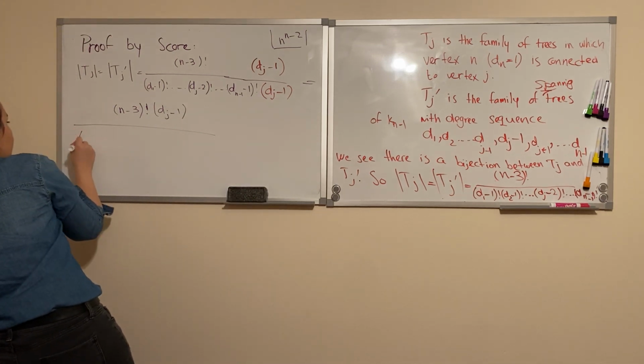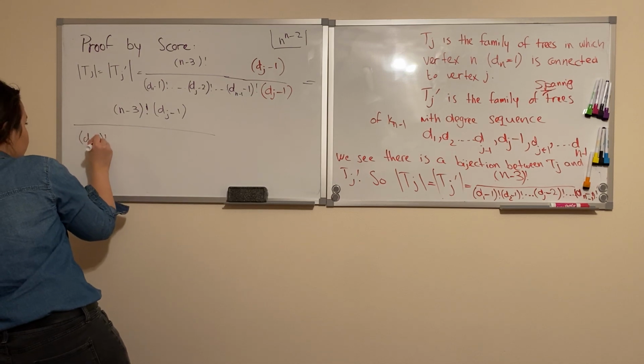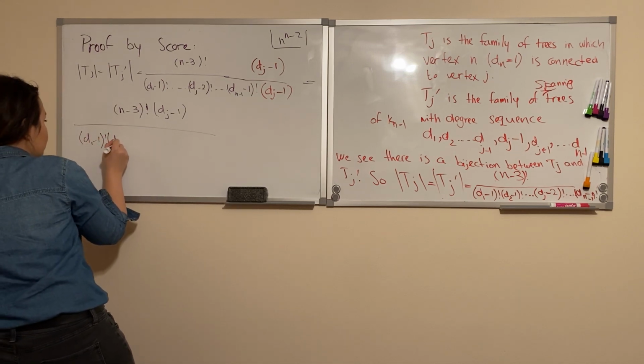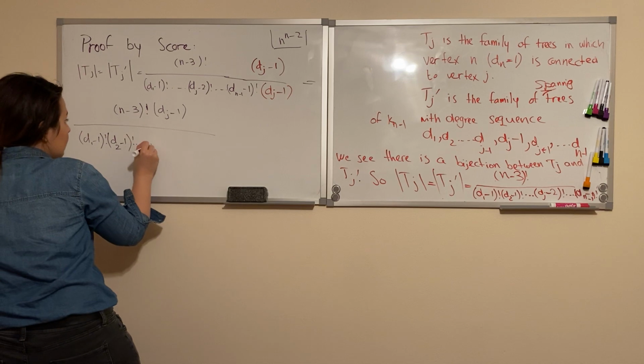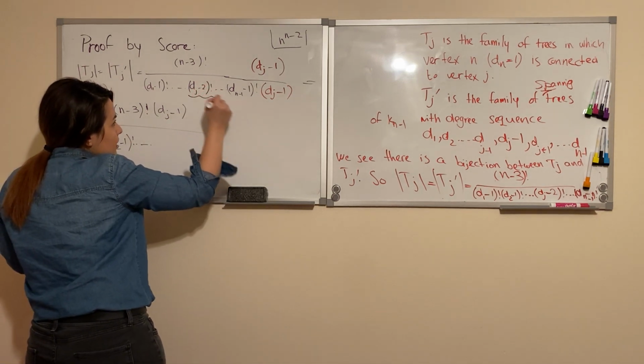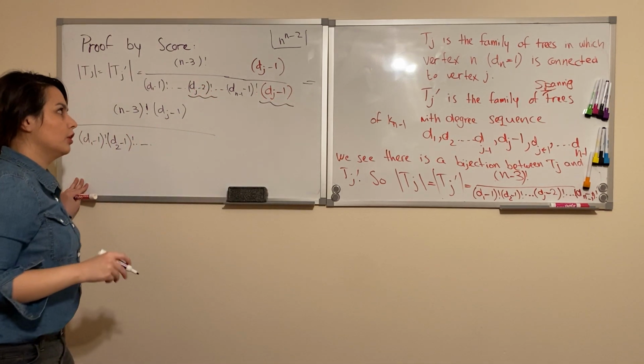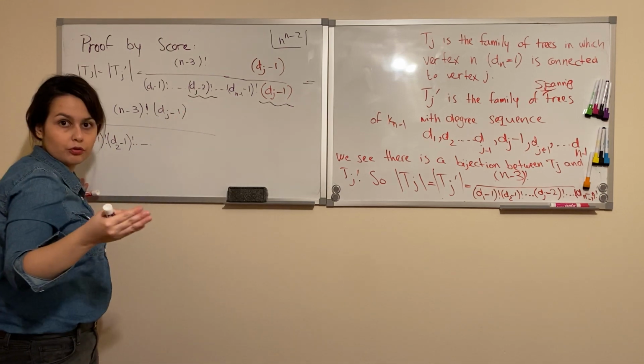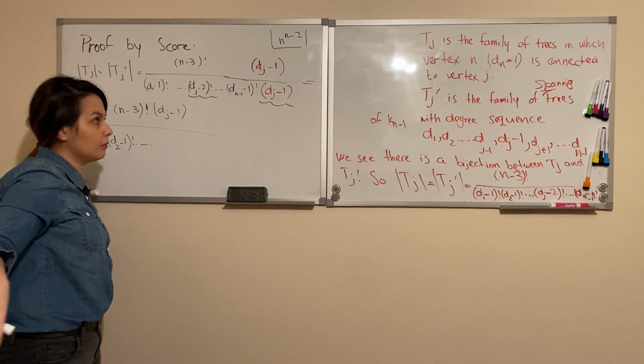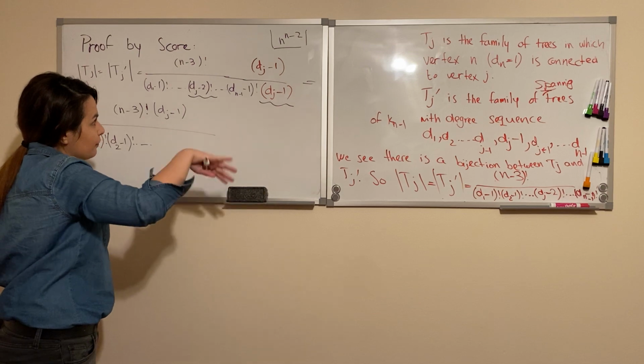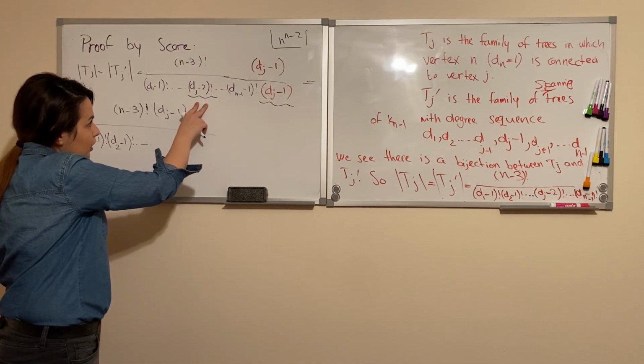And here I will have d1 minus 1 factorial, d2 minus 1 factorial, and dj minus 2 factorial is the multiplication of all numbers from 1 to dj minus 2.